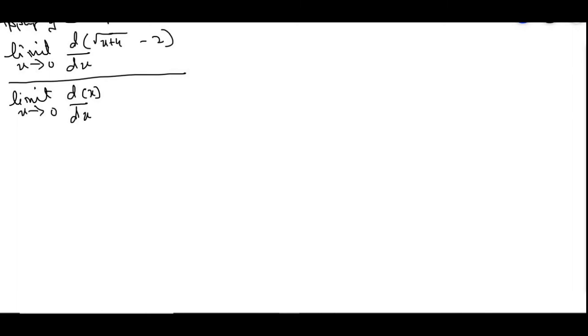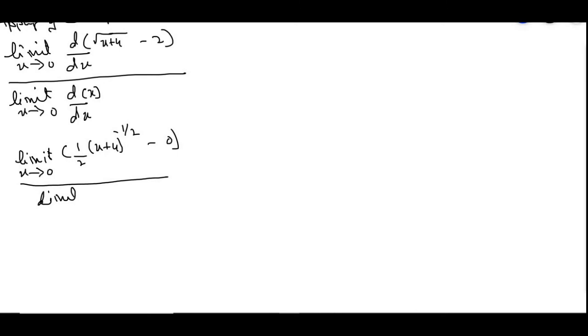On differentiating we get limit x approaches to 0, 1 over 2 x plus 4 raised to power minus 1 by 2, whole divided by limit x approaches to 0 and 1.